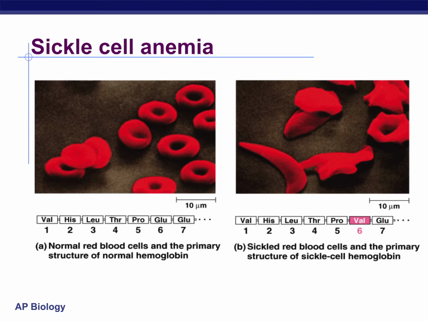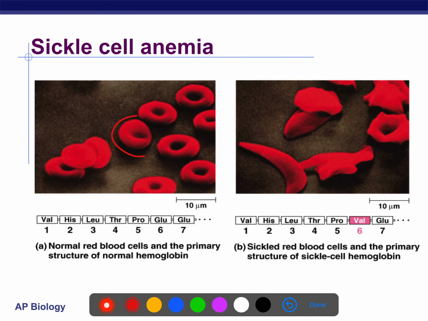In sickle cell anemia, which is a genetic disease, normally your red blood cells are a nice little donut shape like that, and that's because of a protein called hemoglobin. Hemoglobin sits very nicely on this red blood cell, and it's a little receptor for oxygen.